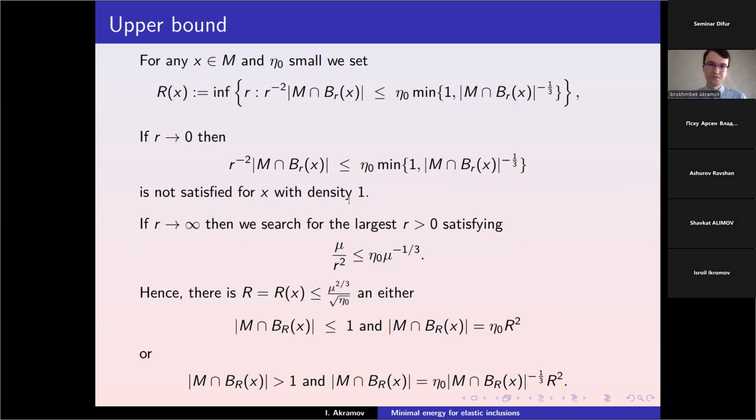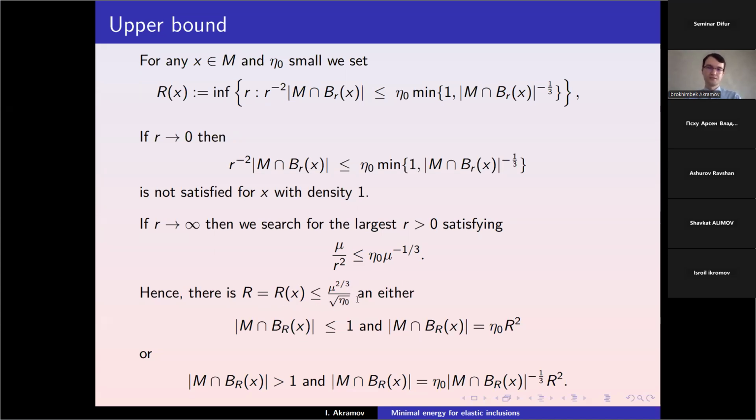This inequality is not satisfied for x with density 1. If R goes to infinity, then we search for the largest positive R satisfying mu over R squared smaller than eta 0 times mu to the power of -1 over 3.